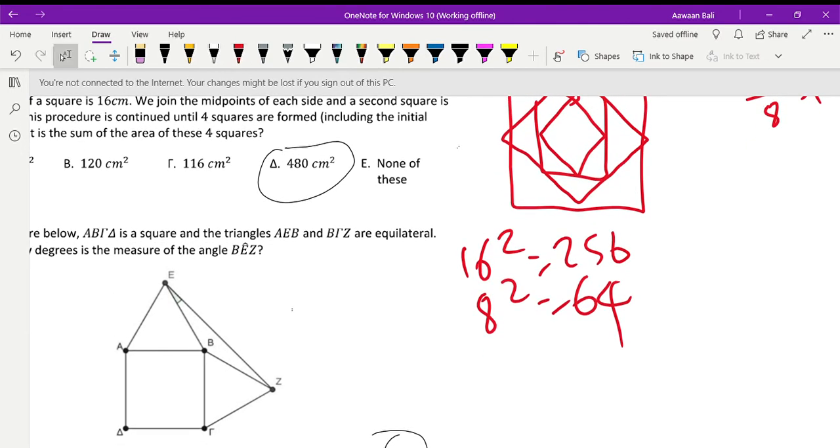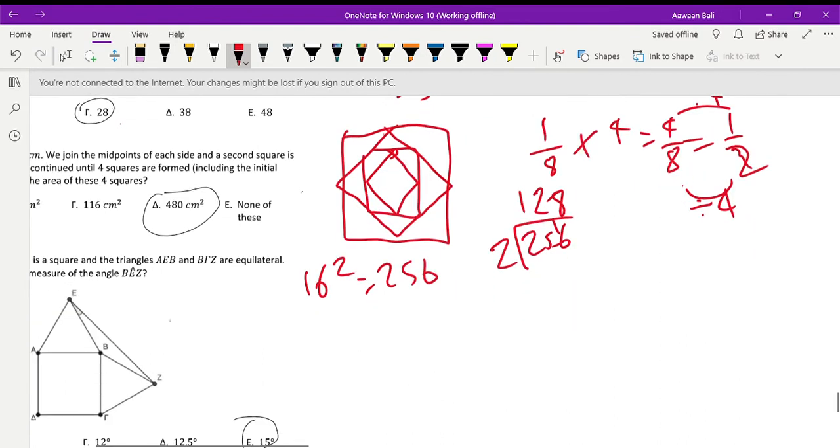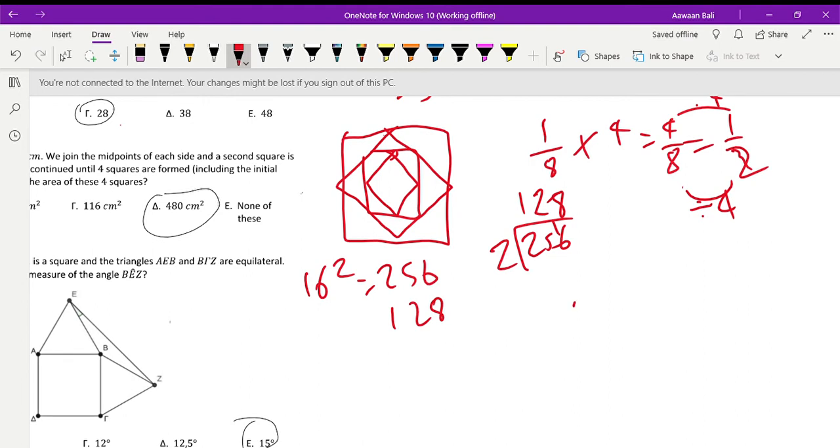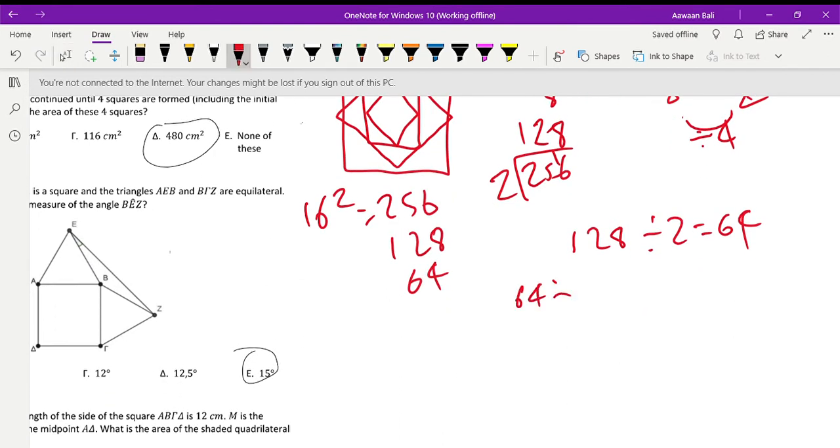And then after that, we just do halves. 256 divided by 2 is 128. 128 divided by 2 is 64. And 64 divided by 2 is 32.